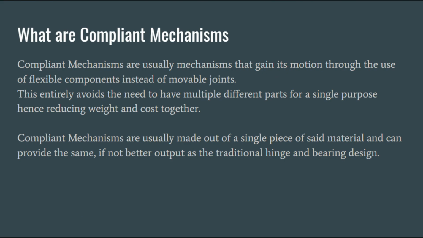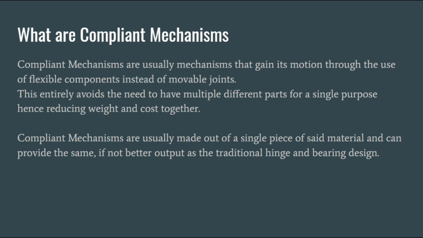A compliant mechanism is a flexible mechanism that achieves force and motion transmission through elastic body deformation. It gains some or all of its motion from the relative flexibility of its members rather than from rigid body joints alone. This entirely avoids the need to have multiple different parts for a single purpose, hence reducing weight and cost together.